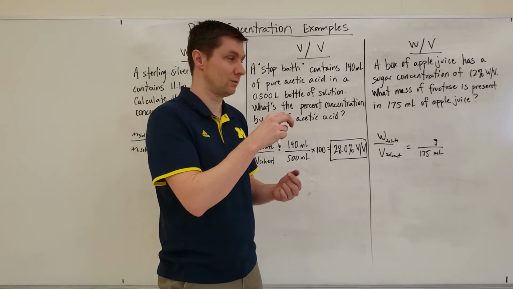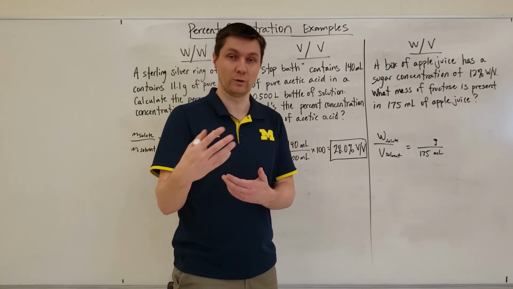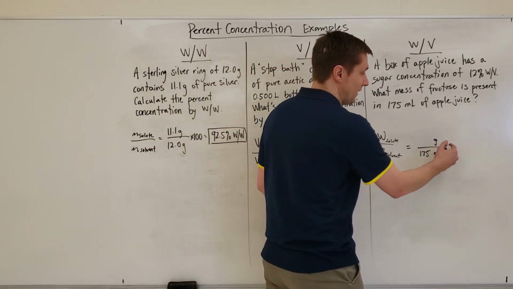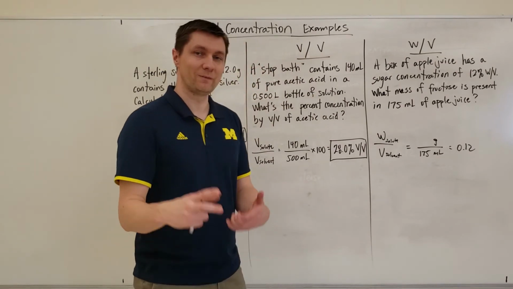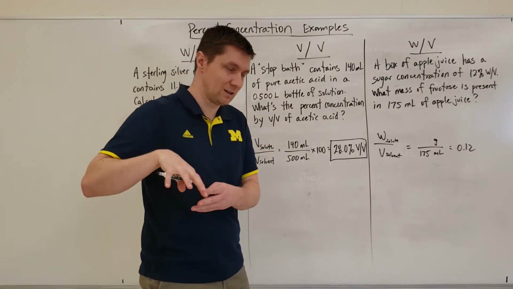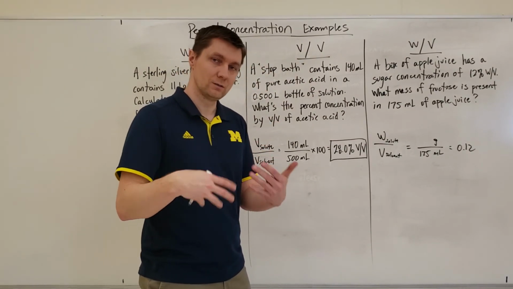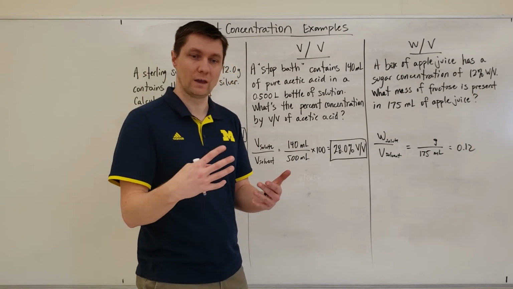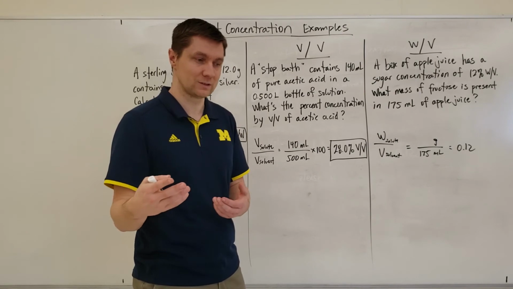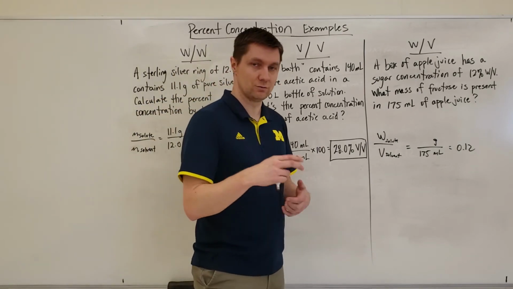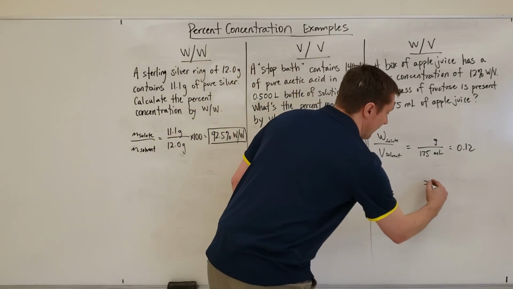I want to deal with the number 12%, which is 0.12. So this divided by that should give me 0.12. If you want to simplify, now that you've got the units in there and understand what units go where, you can take those out and quickly solve algebraically with simple math like I had on the board before.